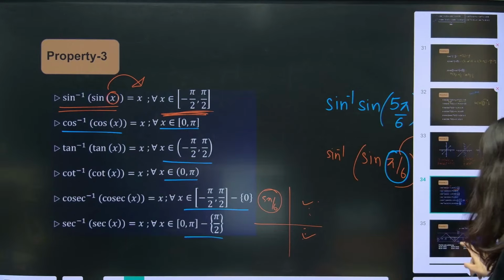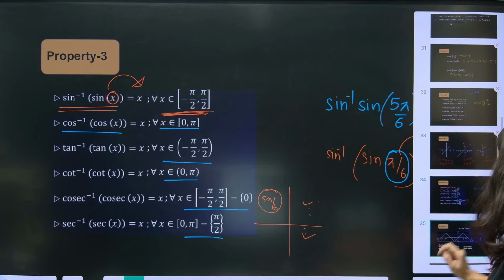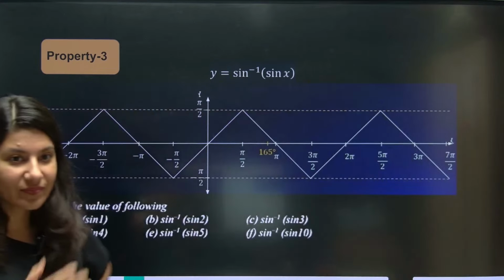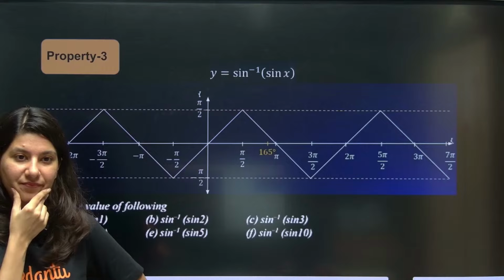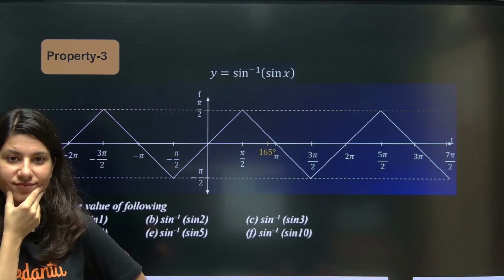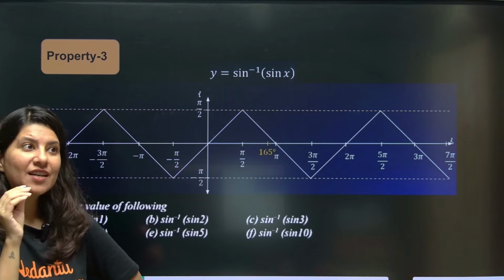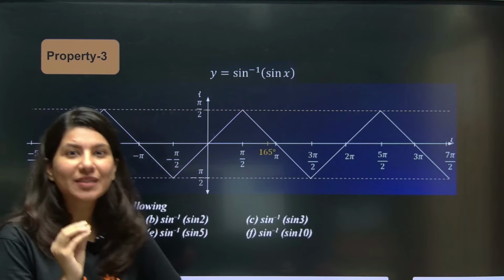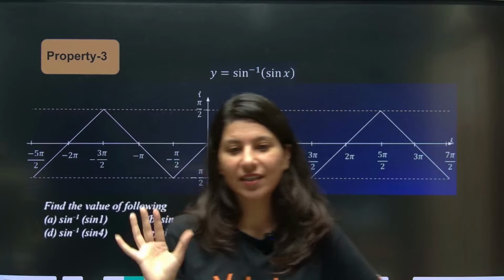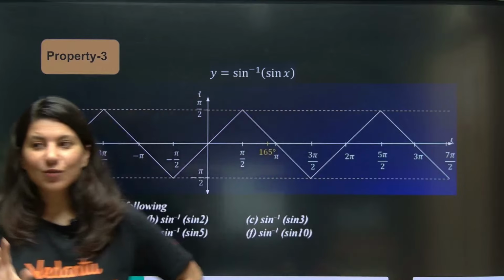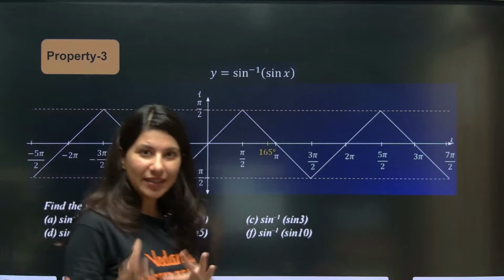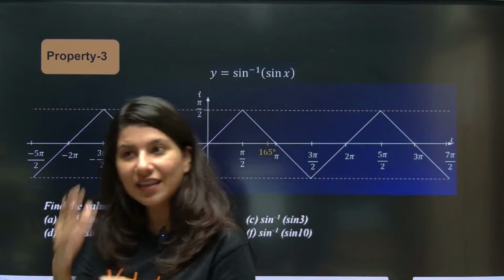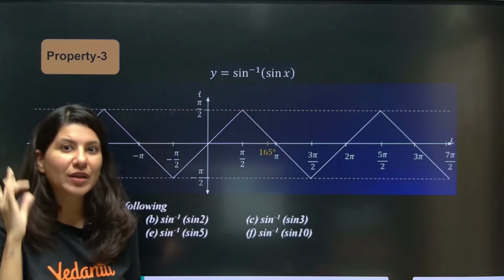But if it is not coming, then you have to study this. What is this, ma'am? Now you have to study all the graphs, all the 6 graphs. Property number 3 is a time-taking thing. I think we will need 20 minutes to finish this property, and then 10 minutes to solve the questions.